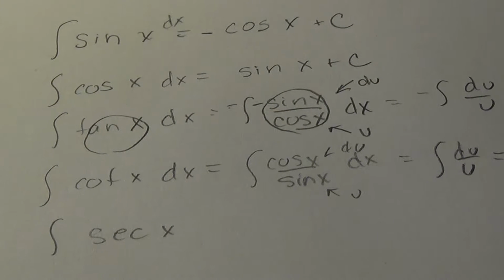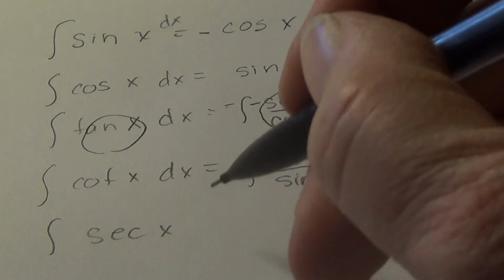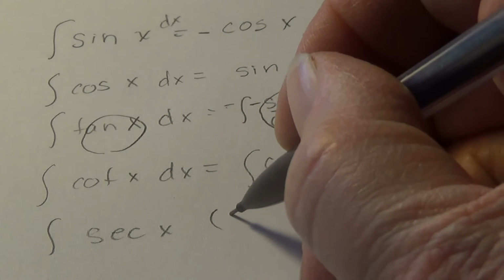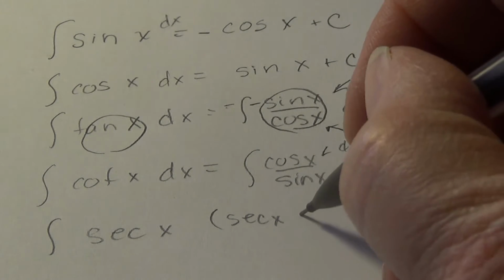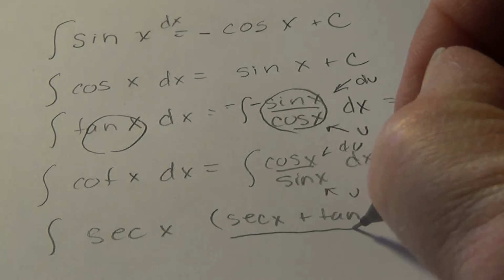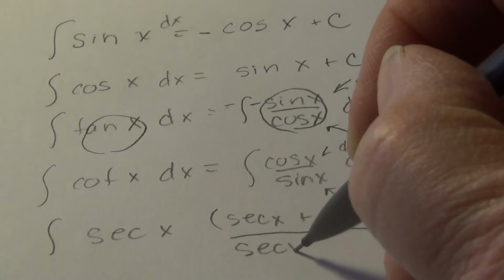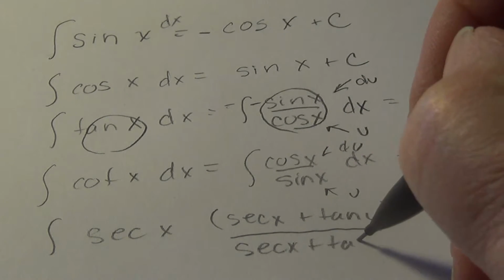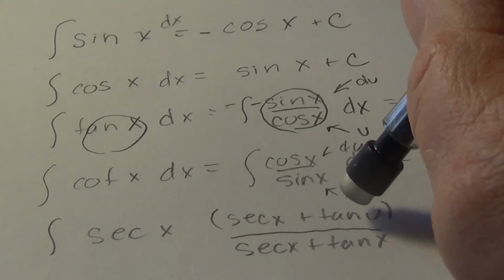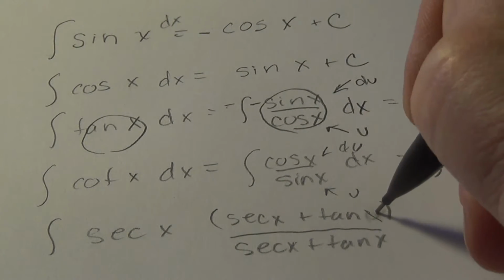All right, so let's go on to the next one that we should know, and that is secant x. Now this one might be a little harder to remember, and there's actually a trick to finding it. And the trick is probably harder to remember than the actual integral, but here goes. We're going to multiply the top by secant x plus tangent x and the bottom by secant x plus tangent x.